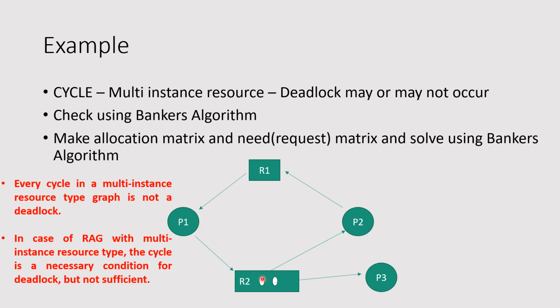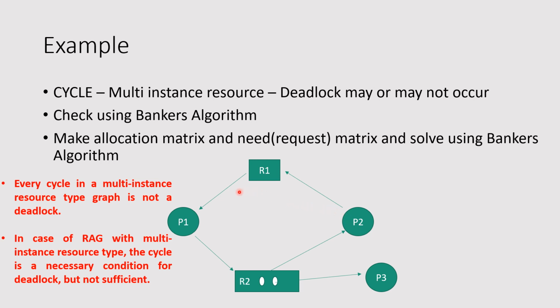Let's see. As resource 2 has two instances, one instance has been assigned to P2 and the other instance has been assigned to P3. So when P3 releases, this instance can be allocated to process P2.